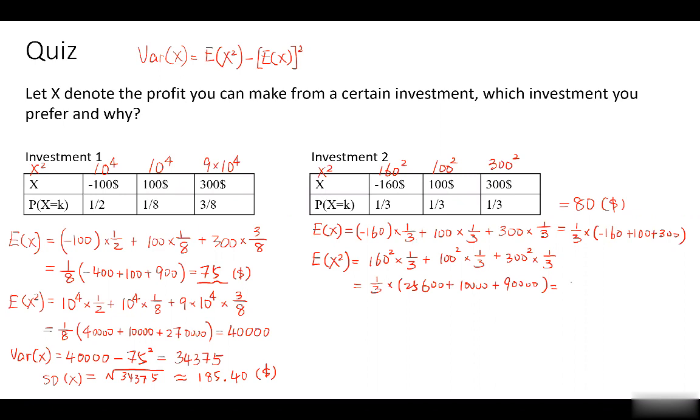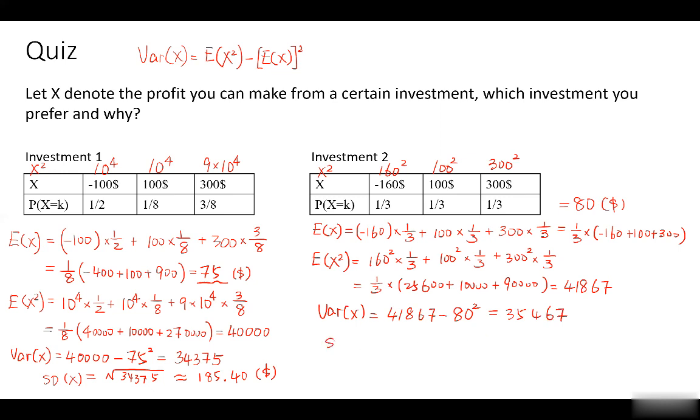Okay, and the final result is around 41867. Okay, so VARX in the second option is 41867 minus 80 squared, which is around 35467.